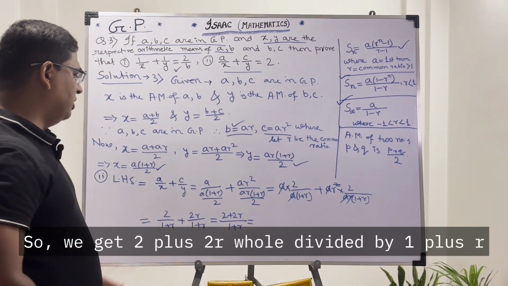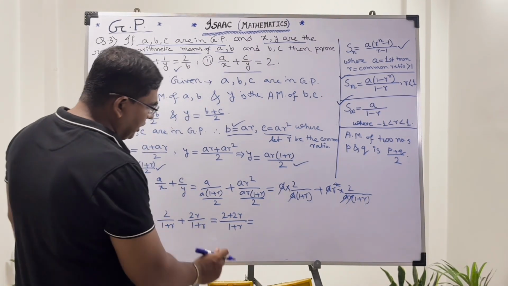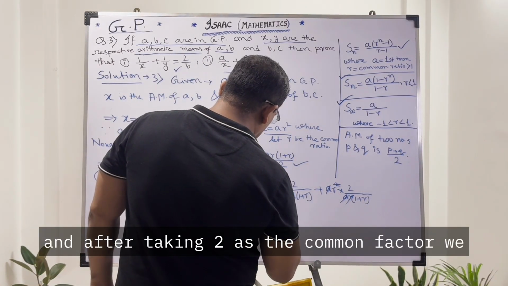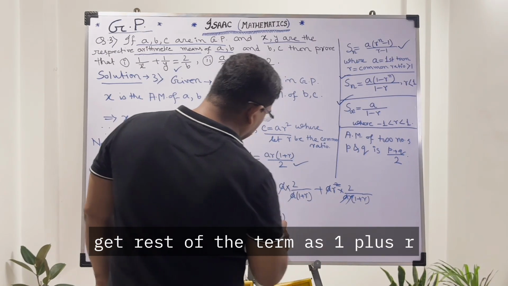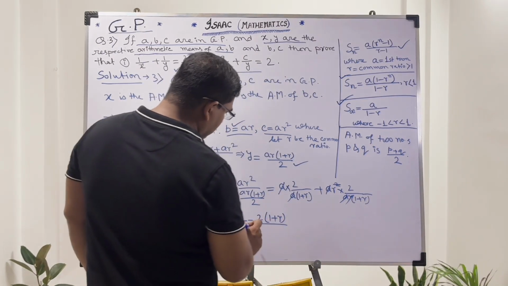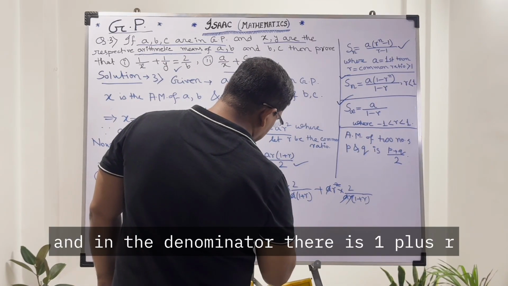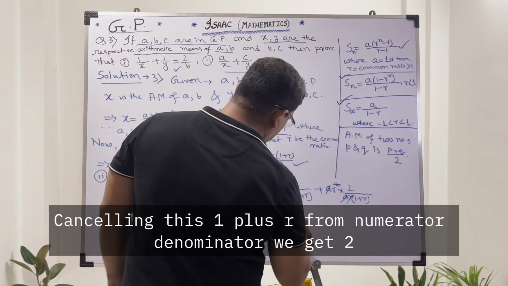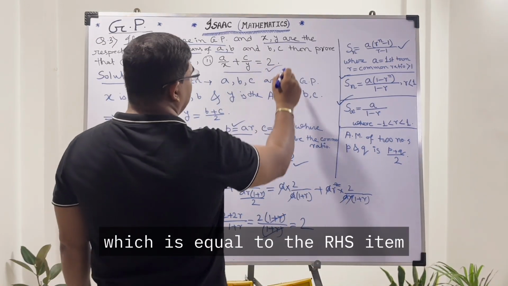So we get 2 plus 2R whole divided by 1 plus R. Here 2 is the common factor and after taking 2 as the common factor, we get the rest of the term as 1 plus R. So, this becomes 2 into 1 plus R and in the denominator there is 1 plus R. Cancelling this 1 plus R from numerator and denominator, we get 2, which is equal to the RHS item.